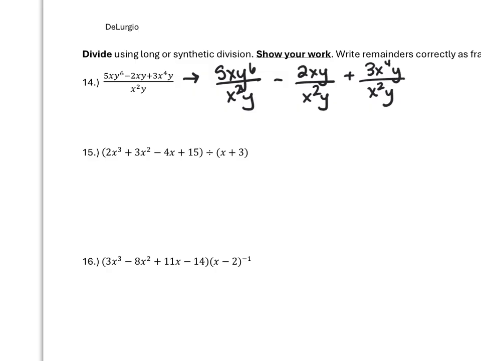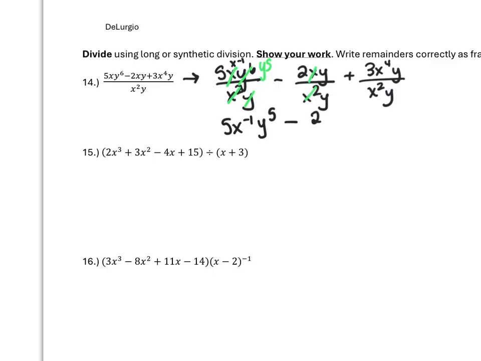So in our first term, we subtract, and we are left with x to the negative 1 and y to the 6th, or 6 minus 1, so it would be y to the 5th. So like this, 5x to the negative 1, y to the 5th, minus 2.